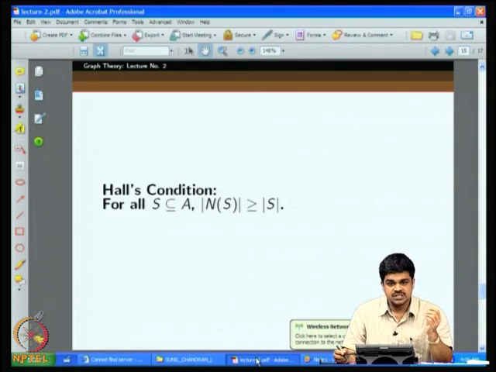For instance, if the cardinality of A and the cardinality of B are equal, then it would be equivalent to a perfect matching. A matching of A will be a perfect matching, but it need not be the case.